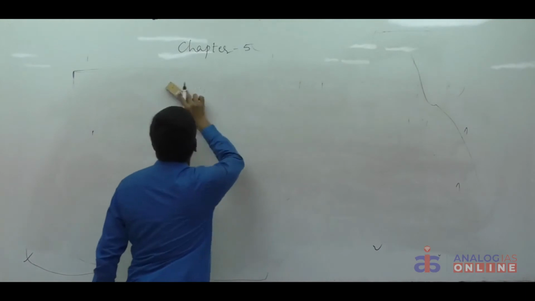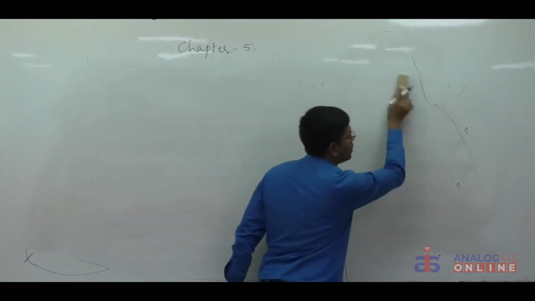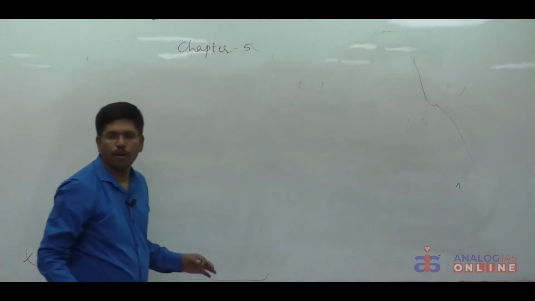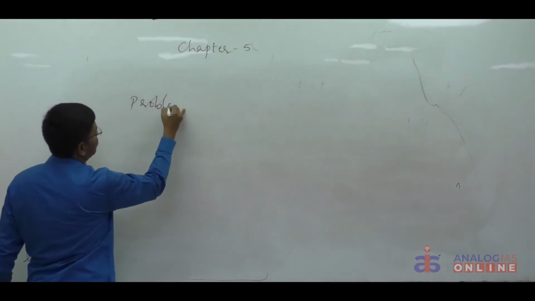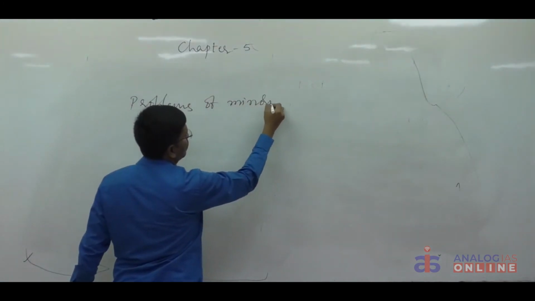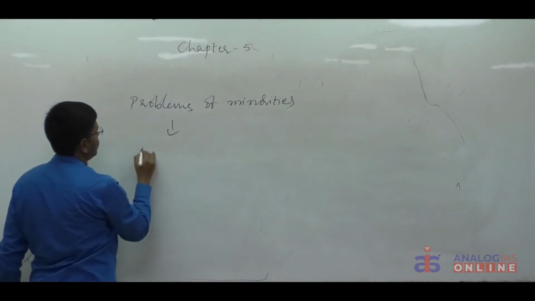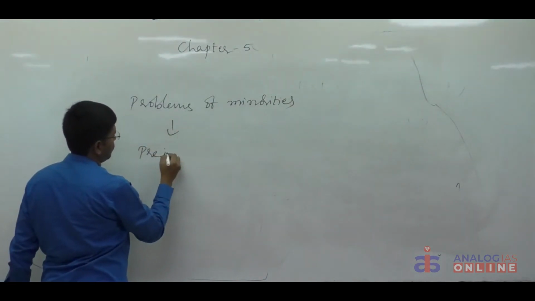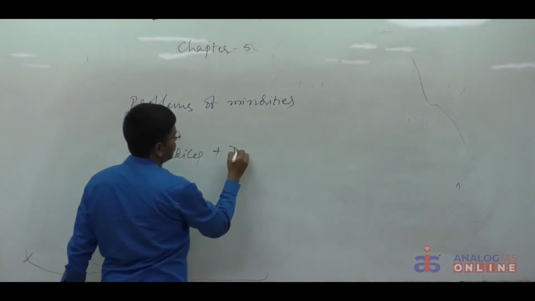5.2 Minorities. There is a gender studies concept. The only thing that you should know is problems of the minorities. Very simple. Problems of minorities. First one is prejudices and discrimination.